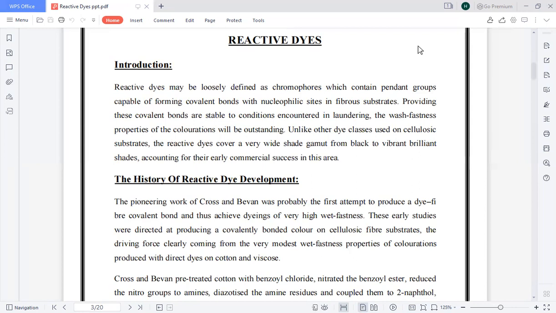Providing these covalent bonds are stable to conditions encountered in laundering, the wash fastness properties of the coloration will be outstanding. Unlike other dye classes used on cellulose substrate, the reactive dyes cover a wide range of shades, ranging from black to vibrant, brilliant shades, accounting for their earlier commercial success in the area of dyeing.